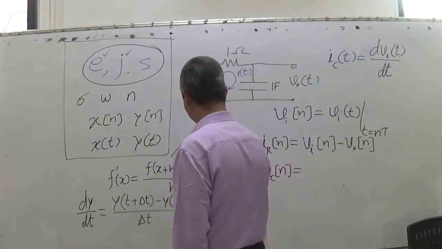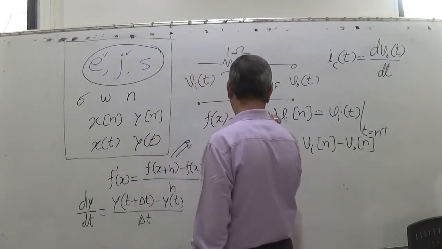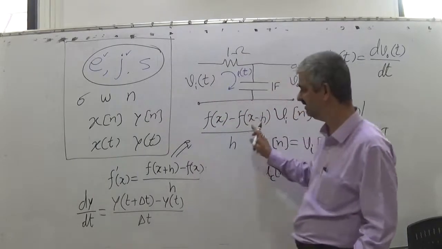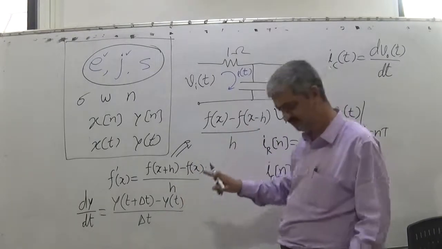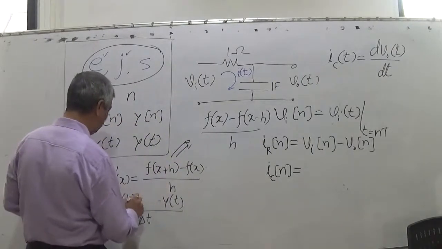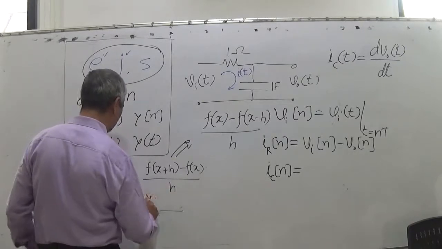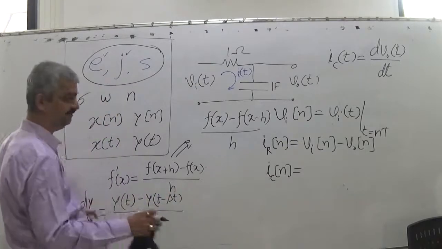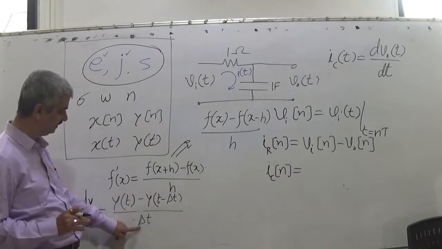So I want to change it as f of x minus f of x minus h upon h. It looks more realistic because the earlier one is something ahead, whereas this is something behind. Both are same. So this formula would be dy by dt is y of t minus y of t minus delta t upon delta t.